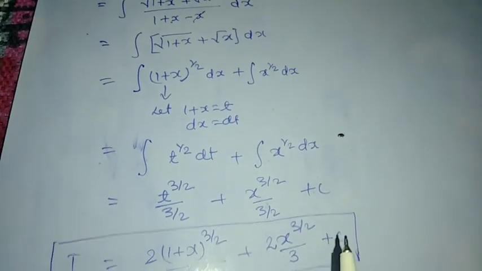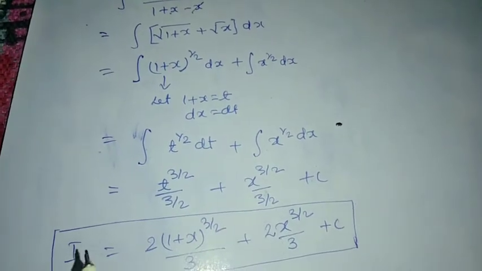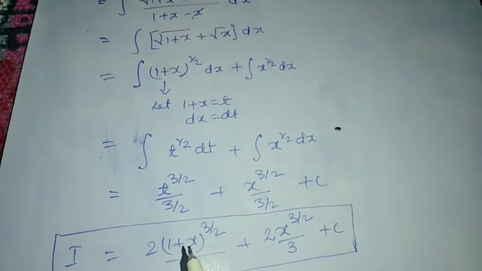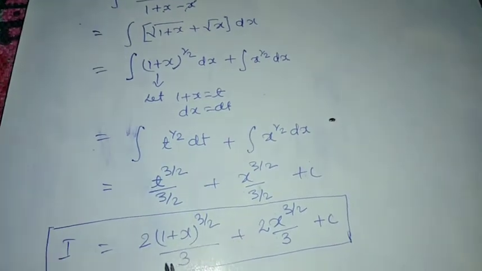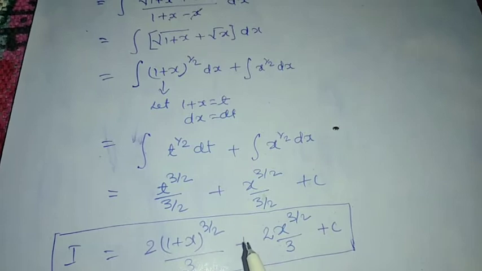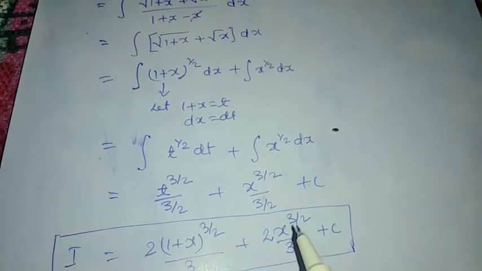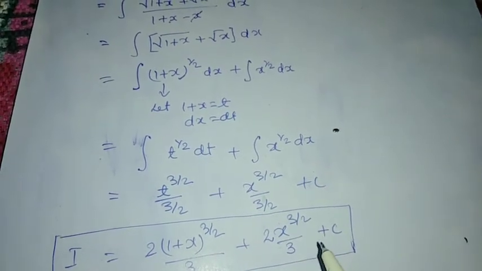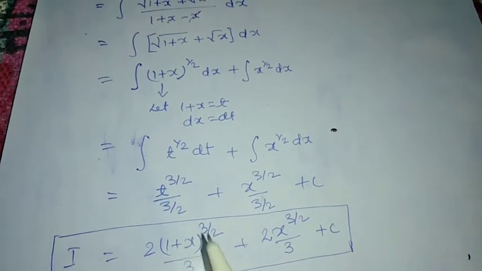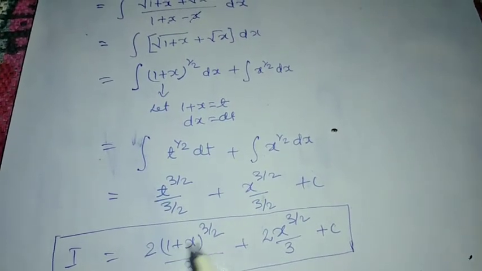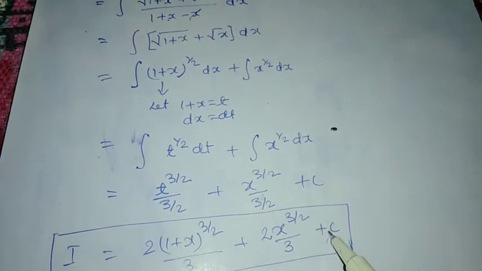So finally we can write it as I is equal to 2 into 1 plus x raised to the power 3 upon 2 upon 3 plus 2 into x raised to the power 3 upon 2 upon 3 plus c. Just we have put the value of t here. So this will be the answer.